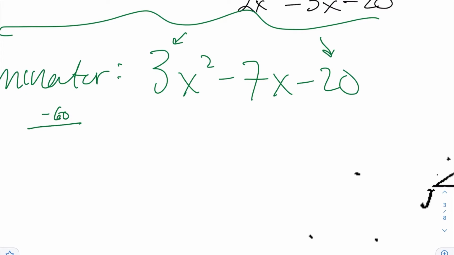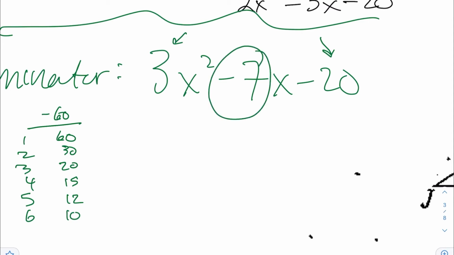So now you have to look for factors of negative 60, which is 1 and 60, 2, 30, 3, 20, 4, 15, 5, 12, and then 6, 10, and that's it. And now you want a sum or difference of negative 7. So the only one that's 7 away are here, 5 and 12.